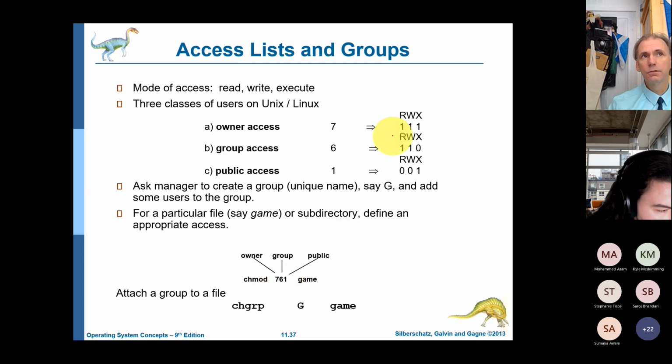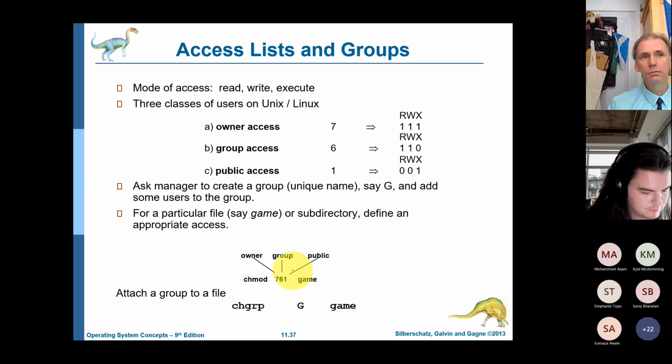And the numbers correspond to a binary read, write, execute. So here we've got read is on, write is on, execute is on, that's 111, that gives us 7. For public access, read is off, write is off, execute is on, that means it's 1.